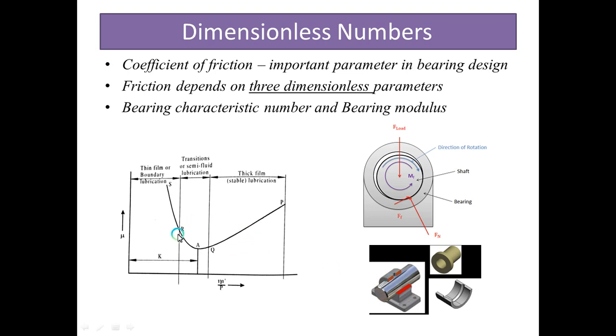As you can see in this case, the coefficient of friction is plotted versus eta N dash divided by P. Here eta is the viscosity; in some textbooks and data handbooks, viscosity is taken as Z. N dash is the speed of the journal in revolutions per second, and P is the bearing pressure acting on the bearing through the oil.